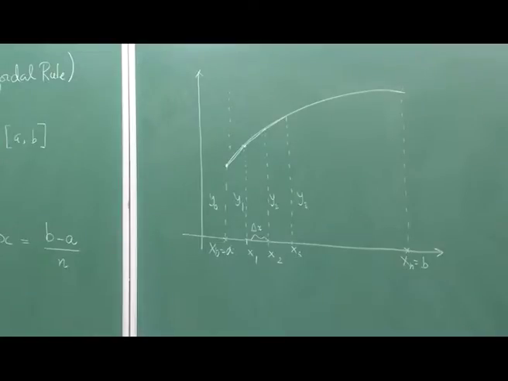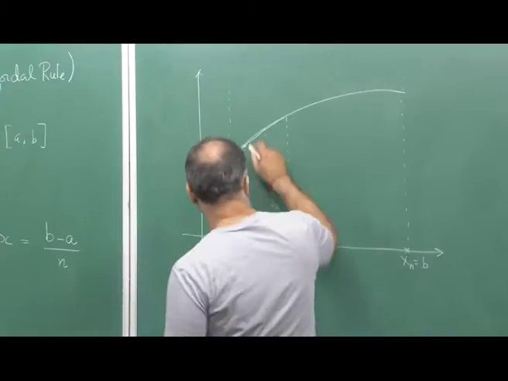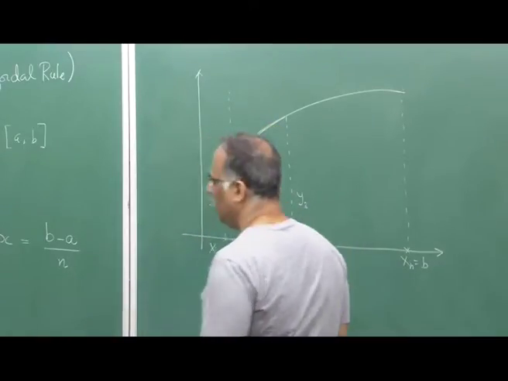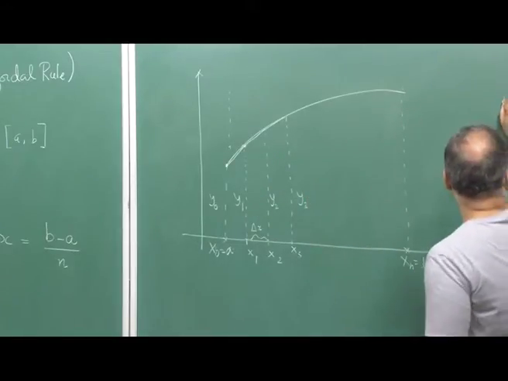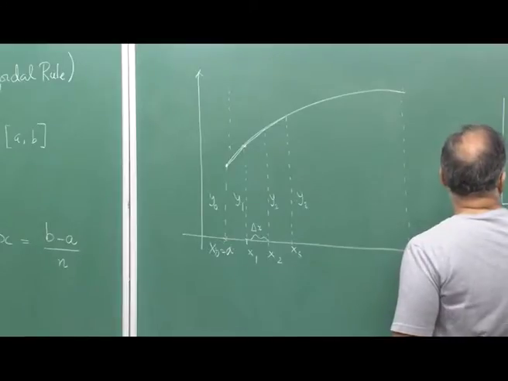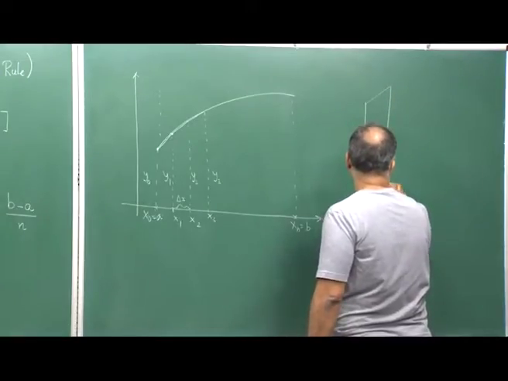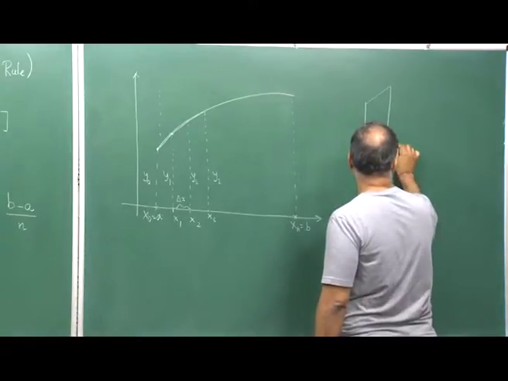Now, what is the area of this one, this trapezoid which has parallel sides y1 and y2? How do I find it? Let me look at it this way. This is my delta x, this is my y1, this is my y2.